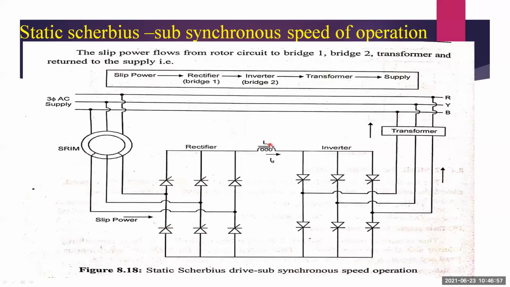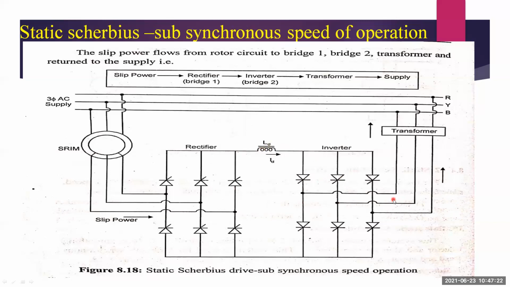The smoothing inductor minimizes any ripples present in the current waveform, and the output is fed to the inverter input. The output voltage of the rectifier is fed to the inverter, which operates at a firing angle greater than 90 degrees.